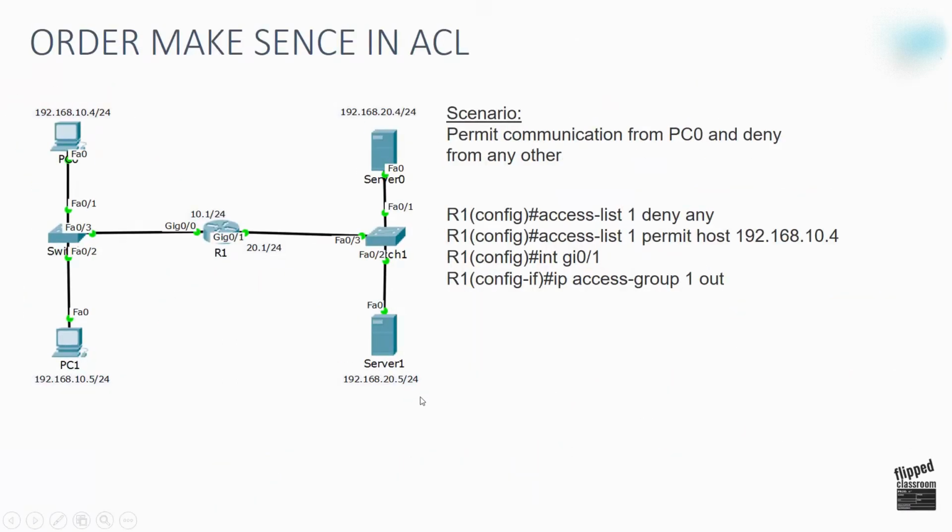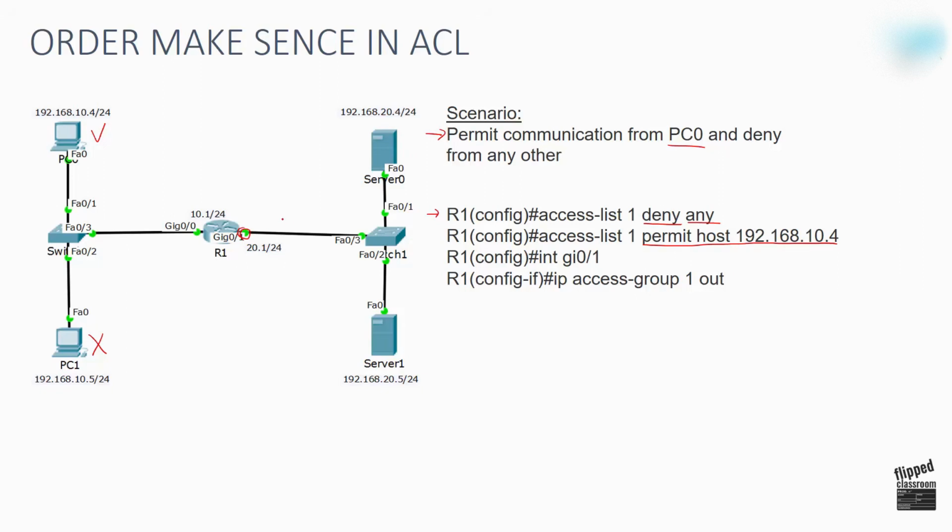Order makes sense in ACL, guys. If we have the scenario where we permit communication from PC0, so it will be available to communicate, and deny from any other IP address, and you type access-list 1 and firstly deny any, and only afterward permit this host, and implement it on this interface as out, what will happen?